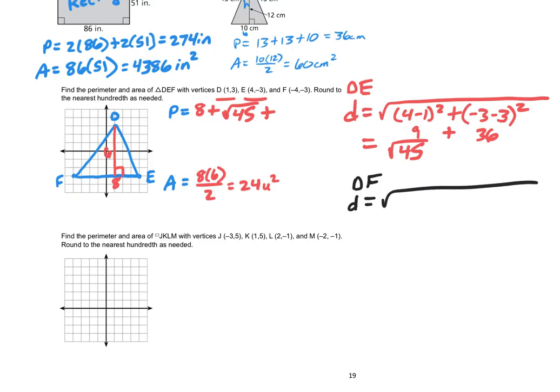So if I find DF, we're going to use D and F. We're not going to use E, right? We're going to use these 2 points because we're trying to find the length between those two. So we're going to go negative 4 minus 1, and then negative 3 minus 3.